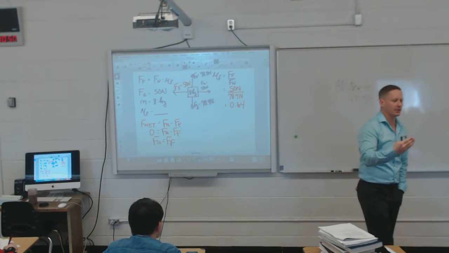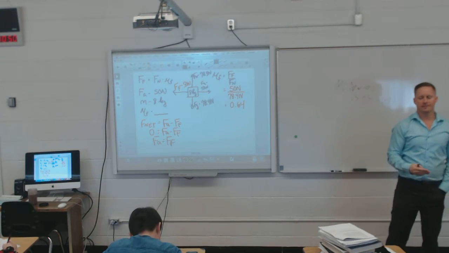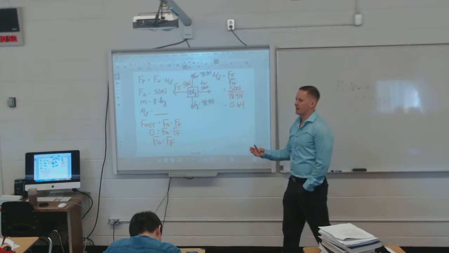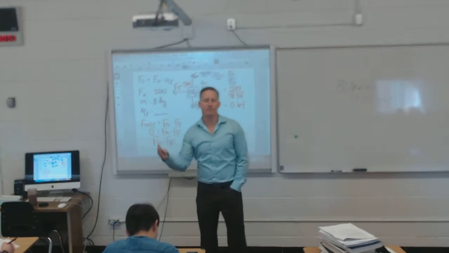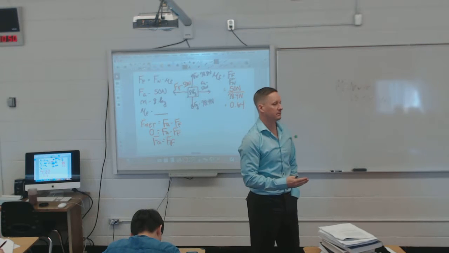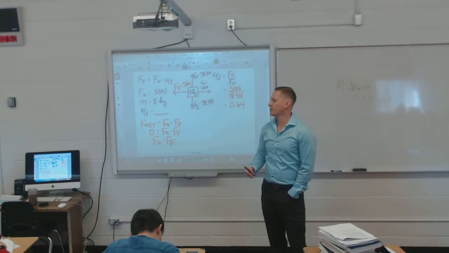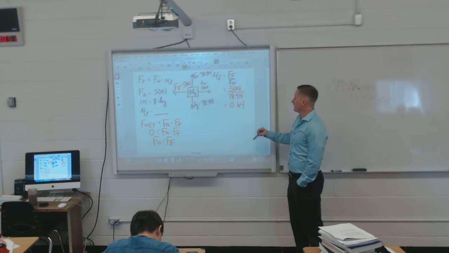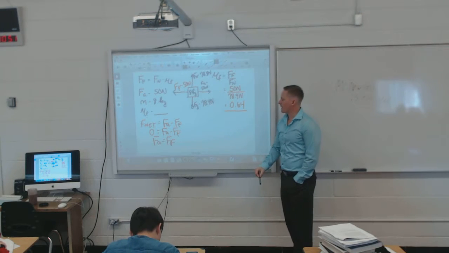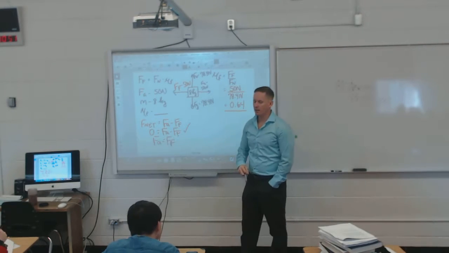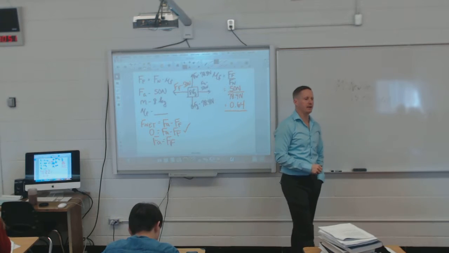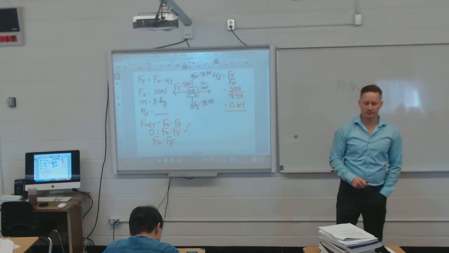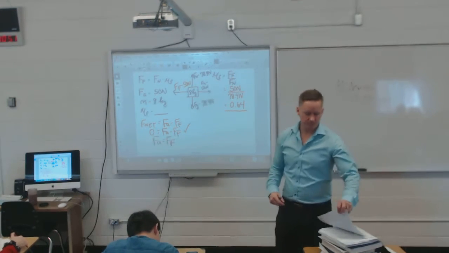So there are no actual units on a coefficient. And if you remember from math, a coefficient is just the number that's in front of the variable. So there it is. The key to this question was right here, uniform velocity, meaning that you had 0 net force. All right?